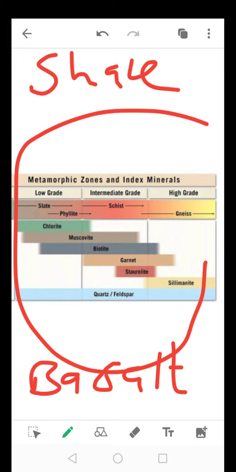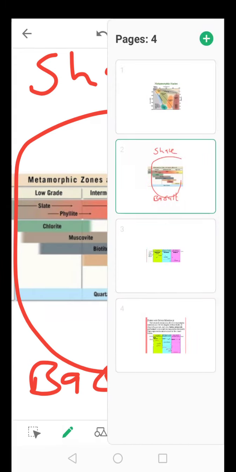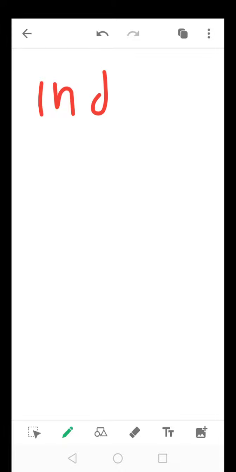What am I talking about? Within each tectonic setting, rocks would contain certain index minerals. Now, what are we talking about when we say index minerals?